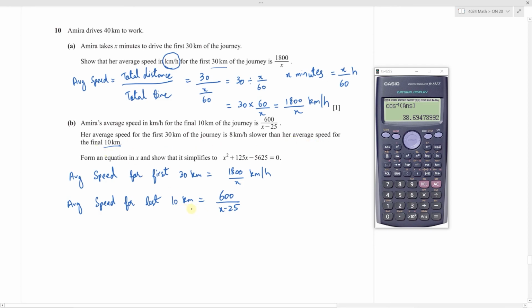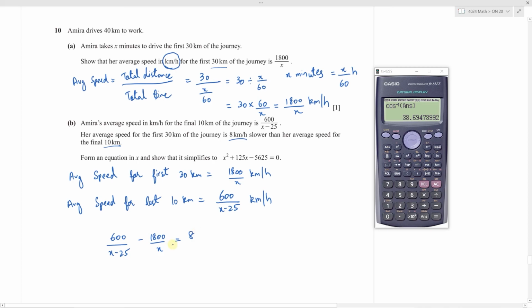So the final 10 kilometer speed is 8 kilometers per hour higher. That means if I subtract the two, the difference between the two is 8. This is the larger value, so the larger value minus the smaller value, the difference in speed is 8. So this is your equation.